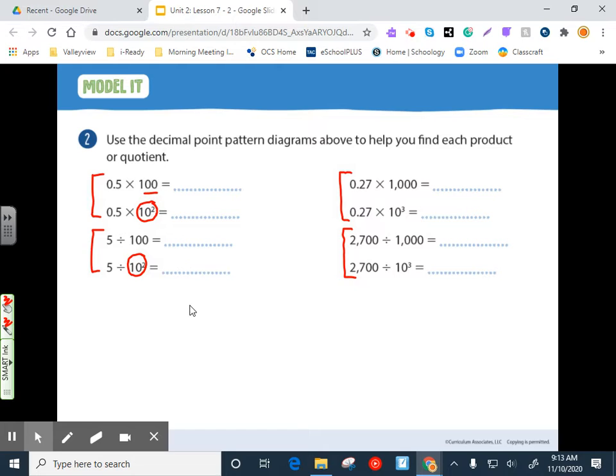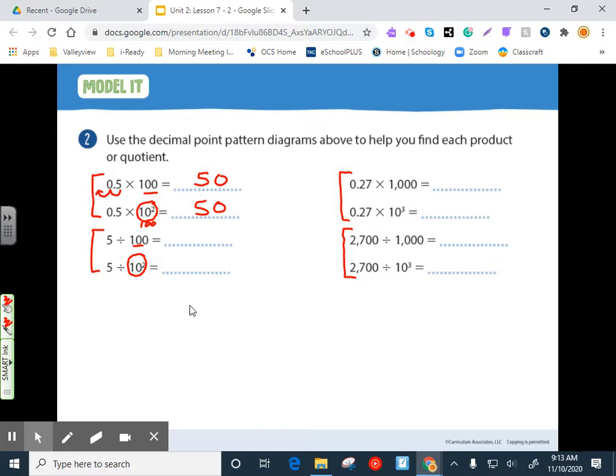Then they use 100 right here. So if we have 5 tenths and we multiply it by 100, we're moving this 5 two places to the left, and that will give us 50. Same for this. Since 10 to the second is actually 100, it's the same thing. That's why that's the same answer.